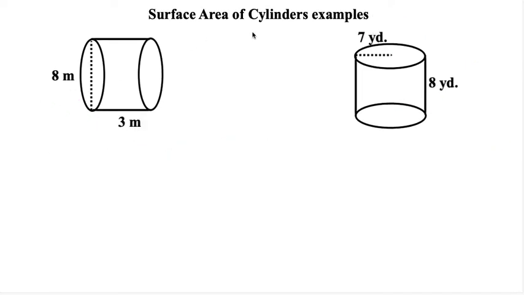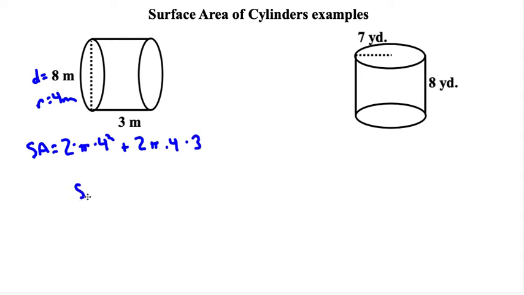Surface area. So if we take a look at our couple of examples here, this 8, just like the last one for volume, is the diameter, which means that the radius is equal to 4 meters. So to find the surface area, often we write SA, we take 2 times the area of the circles, which is pi times 4 squared, plus the circumference of the circle, 2 pi times 4, times the height, which makes up that rectangle that's part of the net drawing.